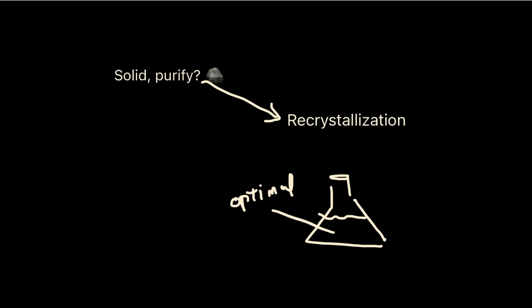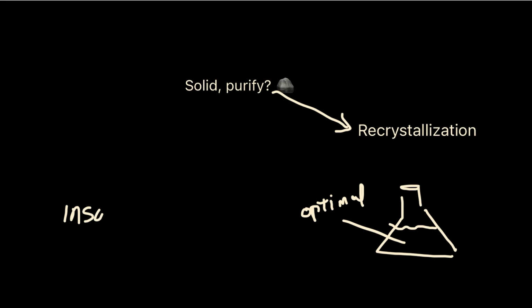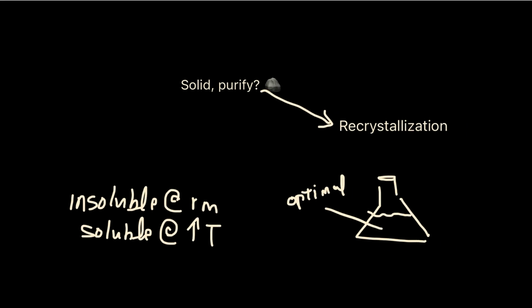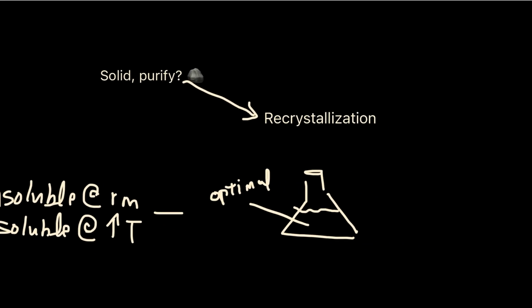We are looking for some solvent that is insoluble at room temperature but soluble at a high temperature. This will allow us to create a saturated solution. So that's how we get our optimal solvent test.